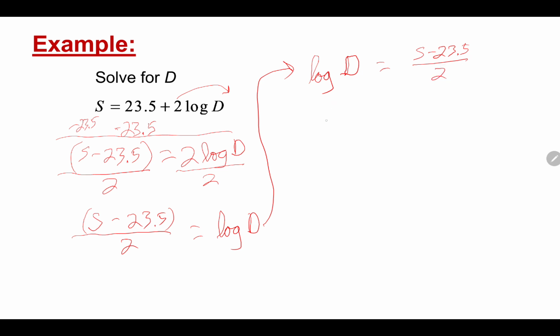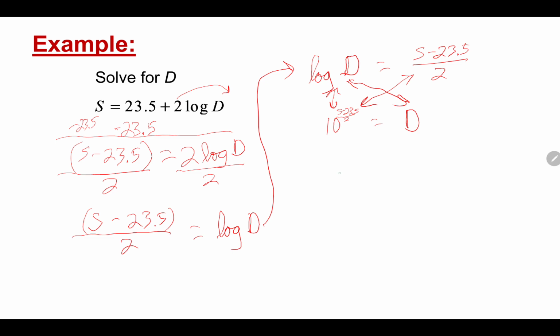And this is 10. This comes down. This goes over here. And this crosses over here. So 10 to the power of S minus 23.5 divided by 2 is equal to D.